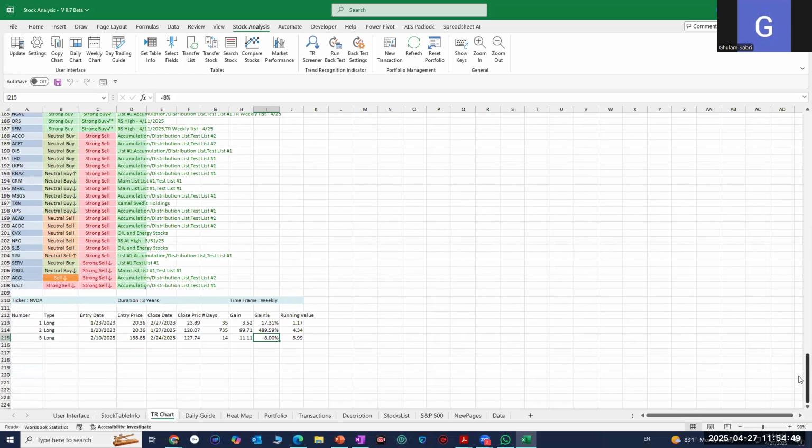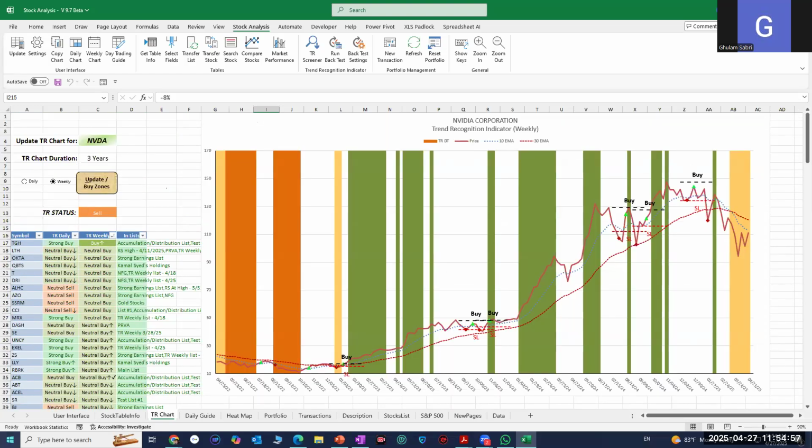So I think there's been a good result from following this strategy. In just 3 years, it gave you only two signals on the weekly chart on NVIDIA. Not bad. What if we want to evaluate it further on the daily chart instead of the weekly chart?